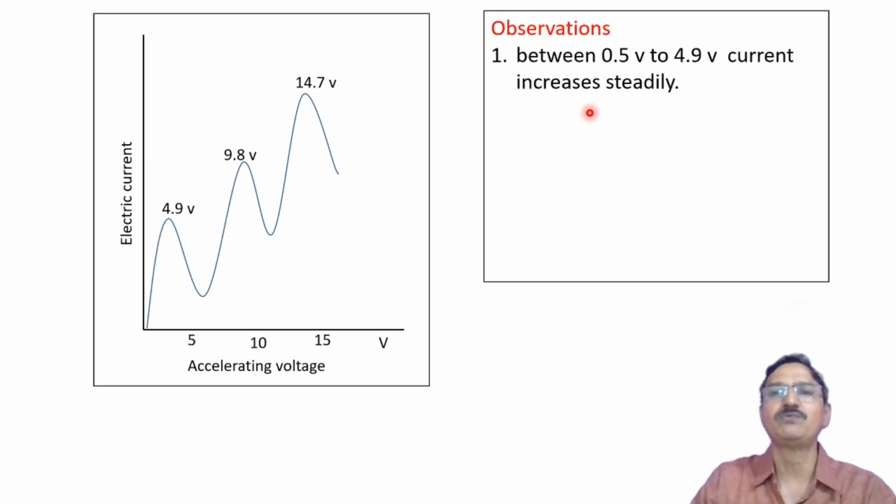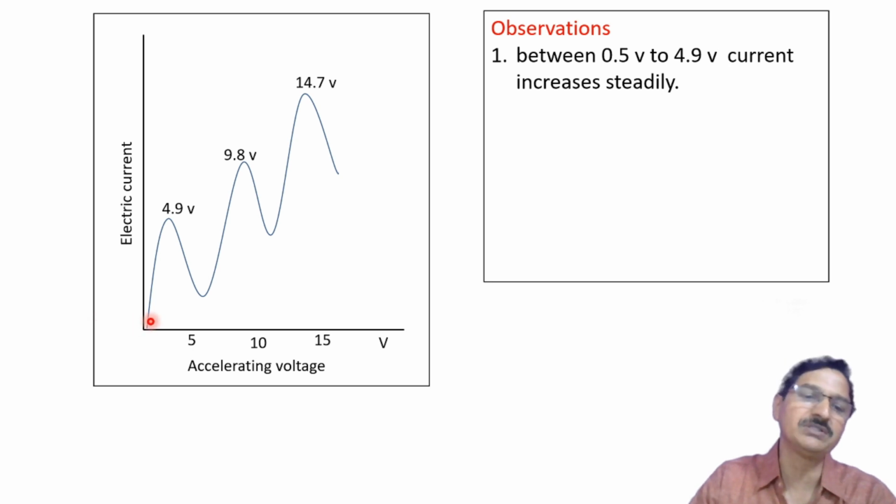Their observation was that when the voltage is increased from 0 to 0.5 volt, there was no current. But when this accelerating voltage, that is the voltage between grid G and the filament F, was from 0.5 volt to 4.9 volt, current increases steadily.